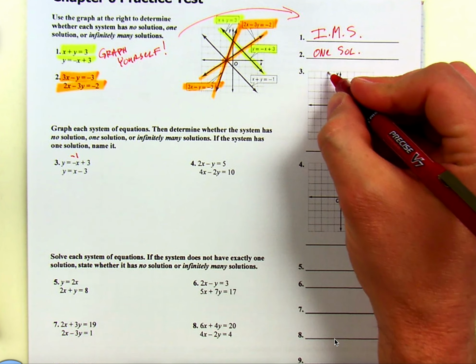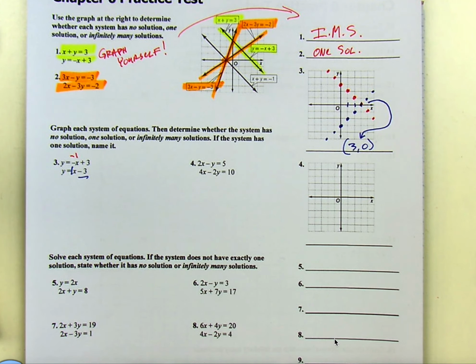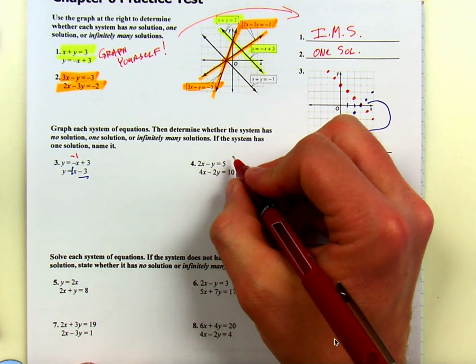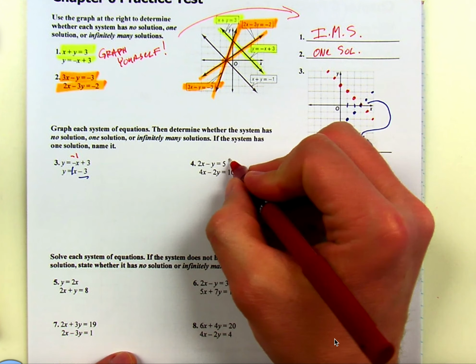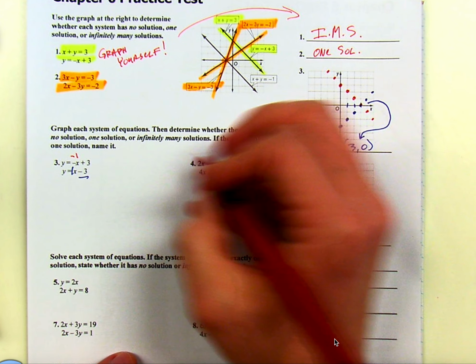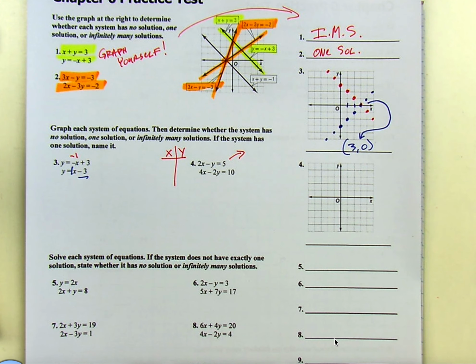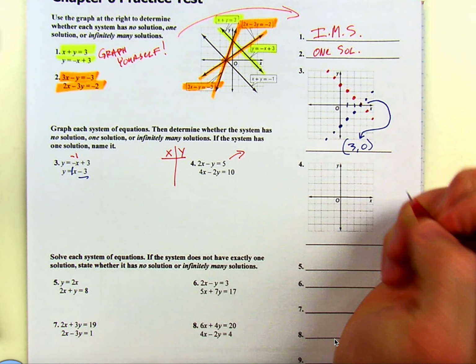And yes, I do want you to demonstrate to me that you know how to use the graphing method, that you remember about slopes and intercepts and all that good stuff. Speaking of which, oh boo, number 4 is not in slope-intercept form. All right, that's fine. If you need to, you can graph these by just putting numbers in and getting numbers out, number juicer style. You can do that if you need to, or we can convert this into slope-intercept form.